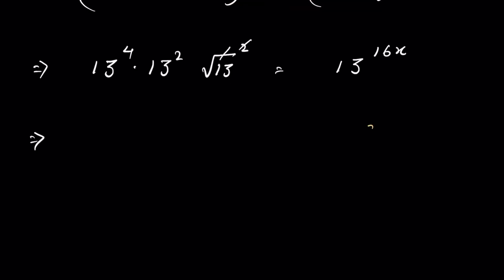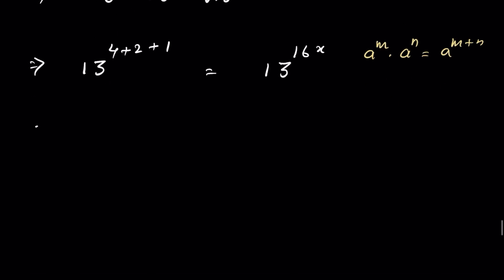Now when a to the power m times a to the power n, it is equal to a to the power m plus n. So this will be 13 to the power 4 plus 2 plus 1 equals 13 to the power 16x, or 13 to the power 7 equals 13 to the power 16x.